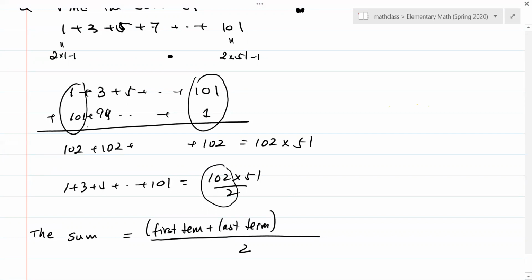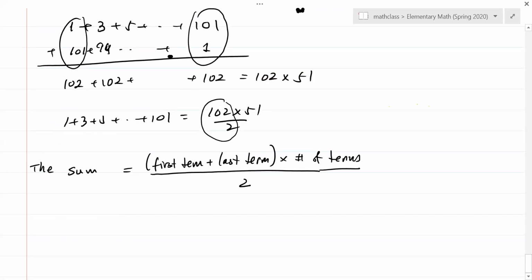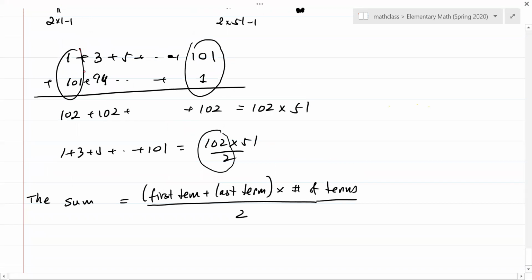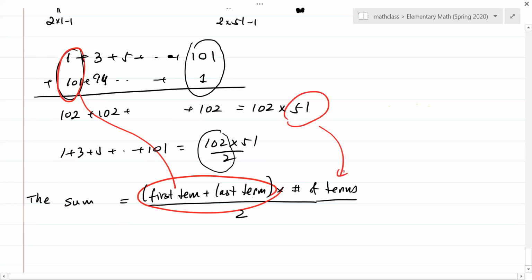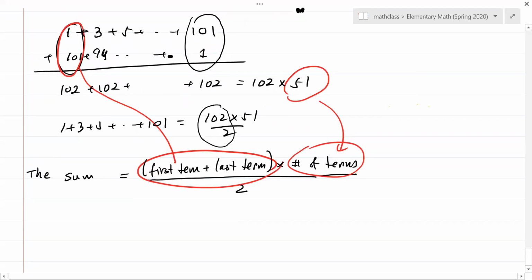When we add two numbers vertically, you get the first term plus last term, times the number of terms, and divide by 2. Here the number of the terms is 51. First you add the two numbers vertically, then you add all the numbers horizontally, so you multiply by the number of the terms. But then you get a double of the sum, so you have to divide by 2.